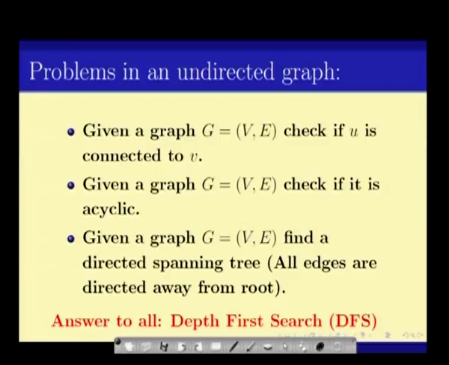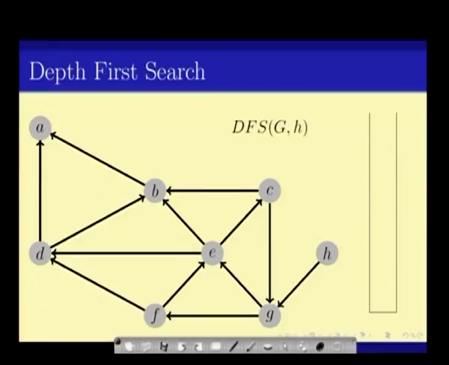Since in a tree there is a unique root, there is a unique path from every vertex to the root, and this path should be directed downwards. So, basically in a directed spanning tree, for every vertex u, there is a directed path from the root to the vertex u. And again, the answer for all of them is DFS, or depth first search.